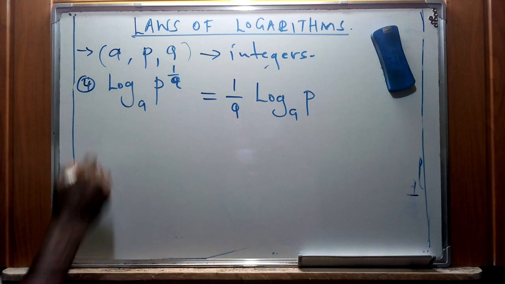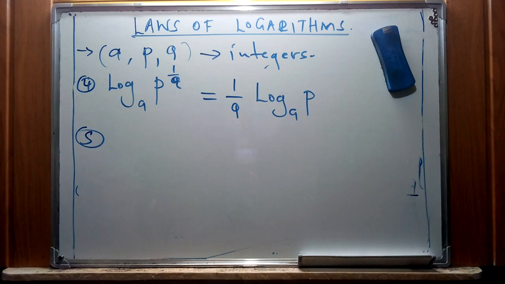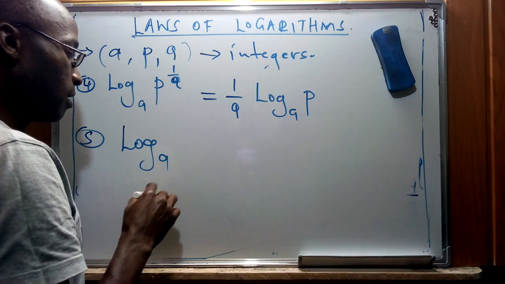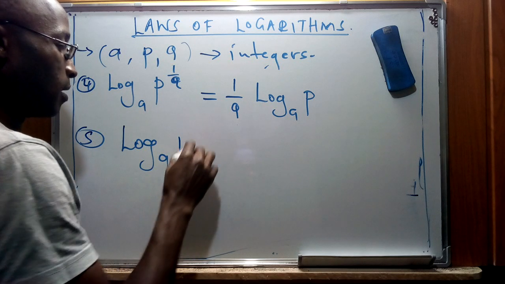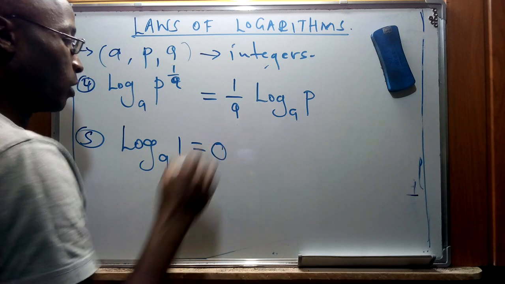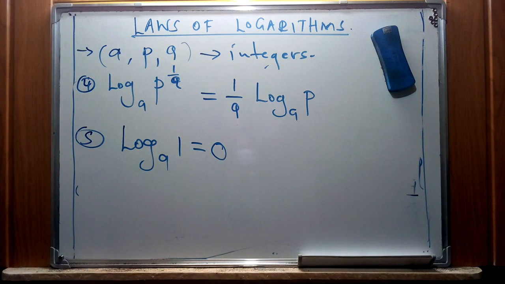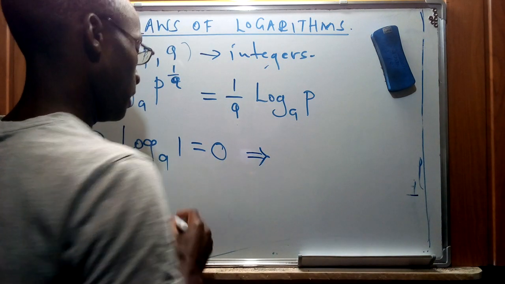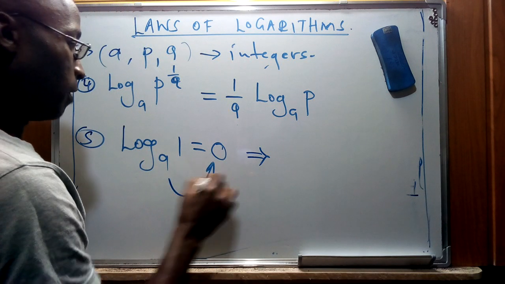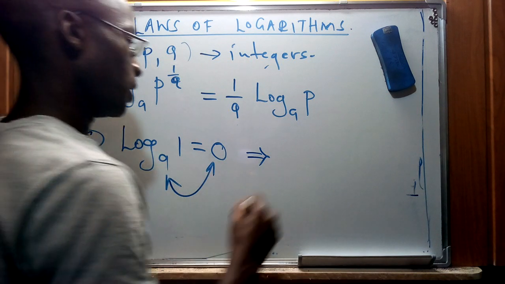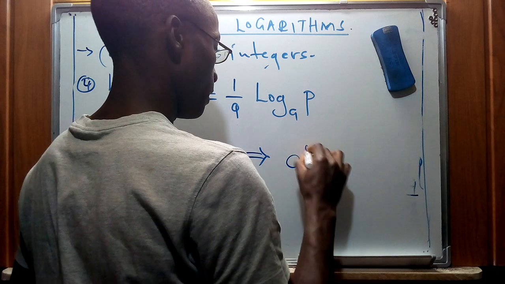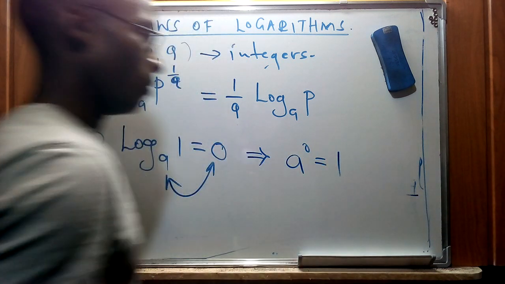So number 5, we're going to have another format whereby the log to base A of the number 1, or a unit, is going to be 0. If we try to give a relationship for this, a base which is raised to an exponent of 0 is going to give a unit.